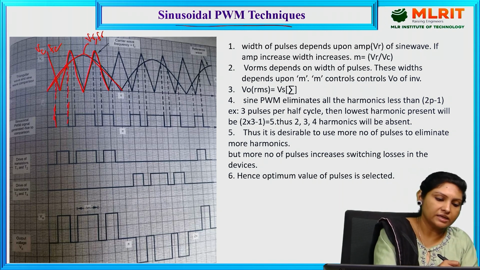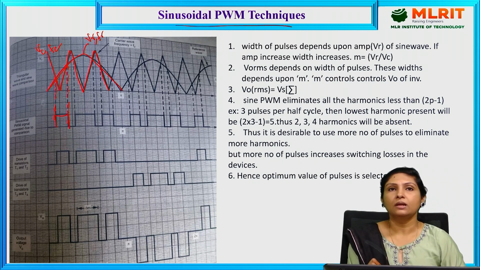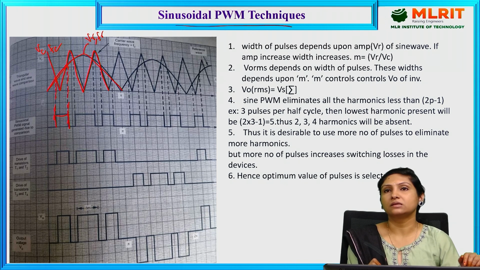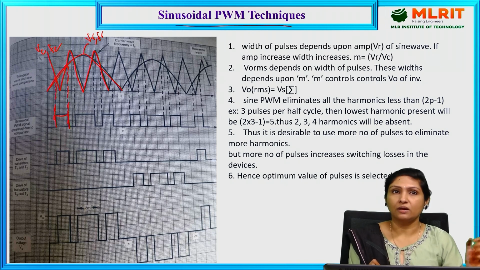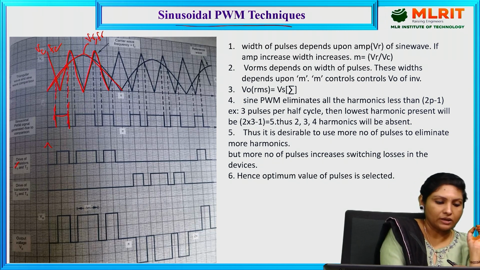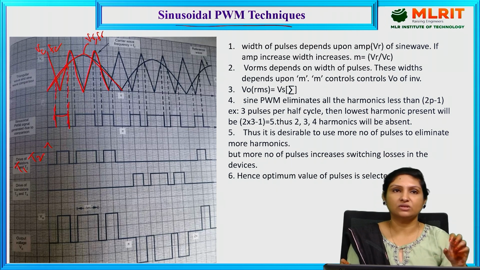The resultant is the required sinusoidal pulse width modulation pulse, which acts as the base drive for transistor 1 as well as transistor 2 present in the inverter.